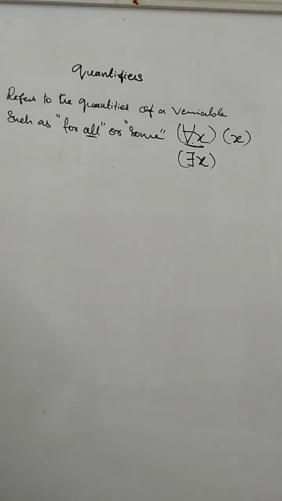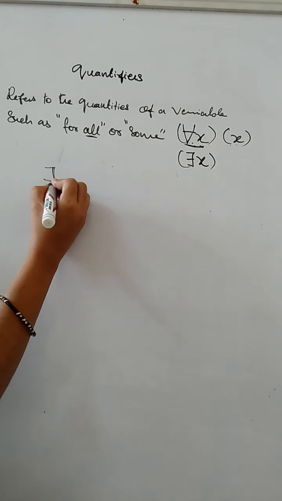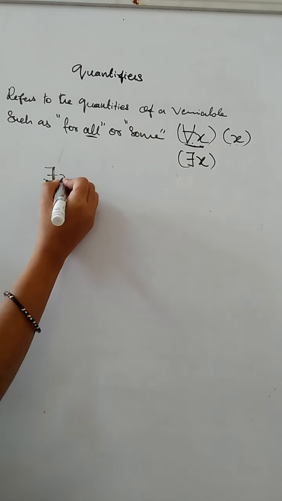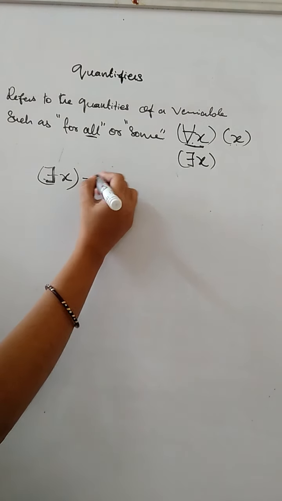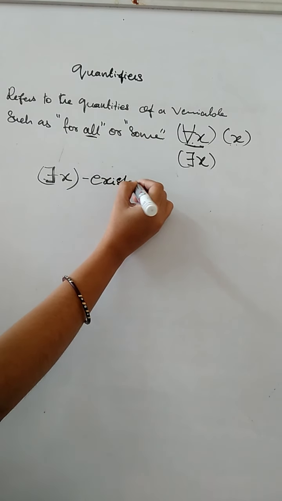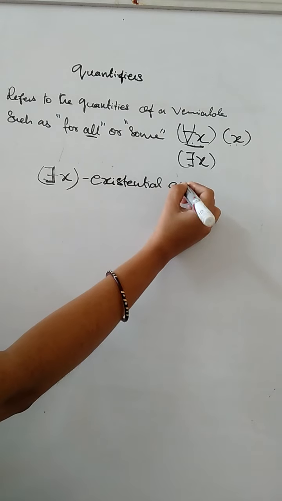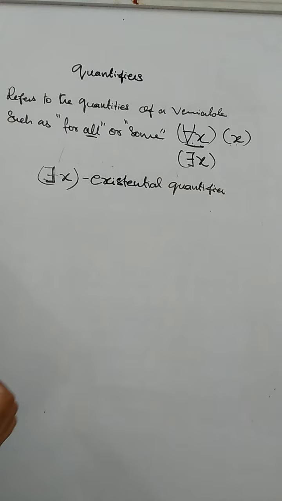So just for an example, the existential quantifier is represented by this notation, which will be called as an existential quantifier, denoted by this symbol.